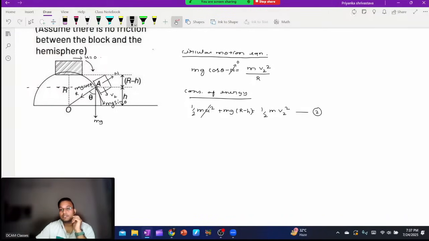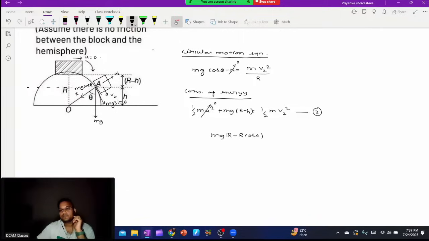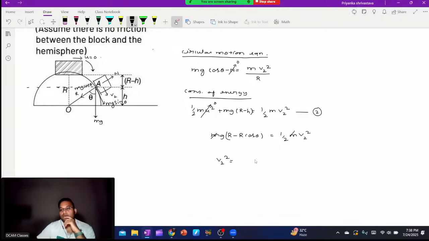So this is 0. So mg times r minus r cos theta is equal to half m v2 square. It's easy now; m will get cancelled. v2 square will be equal to 2gr into 1 minus cos theta.